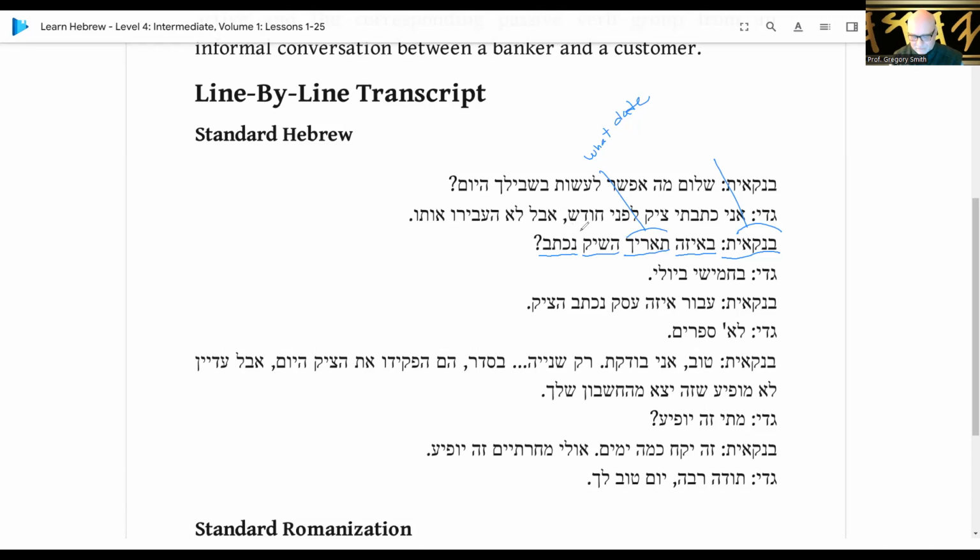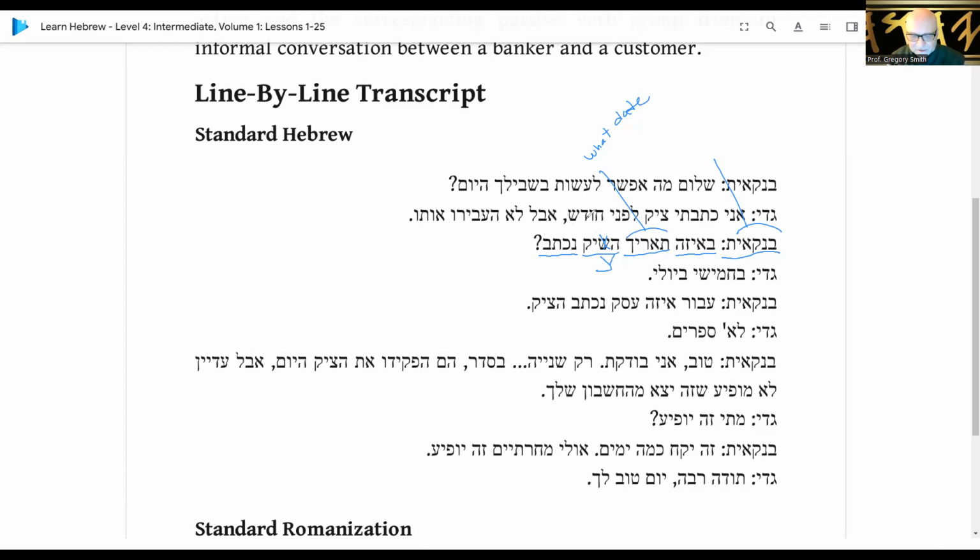Niktav. Hashik niktav. I think they might have made a mistake here. This should be a zadi. In what date was the check written on?